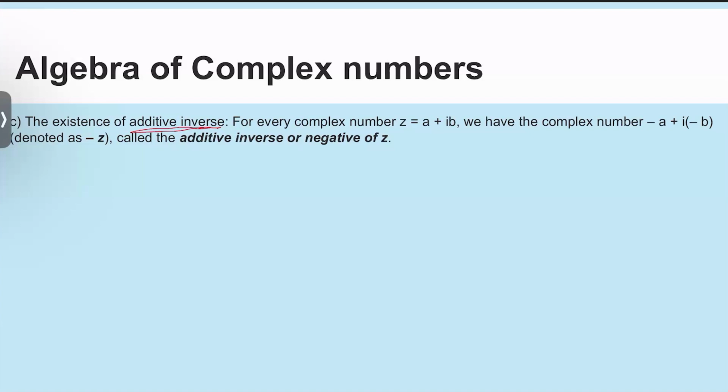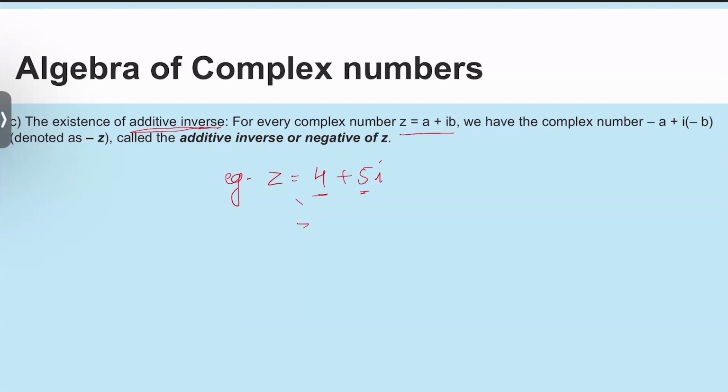If you have z equals a plus ib, for example z equals 4 plus 5i, you change the signs of the coefficients of the real and the imaginary parts.